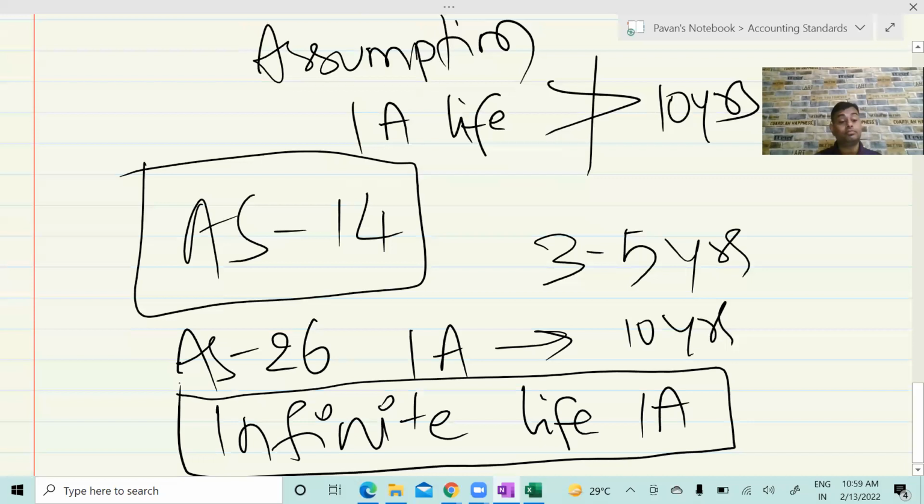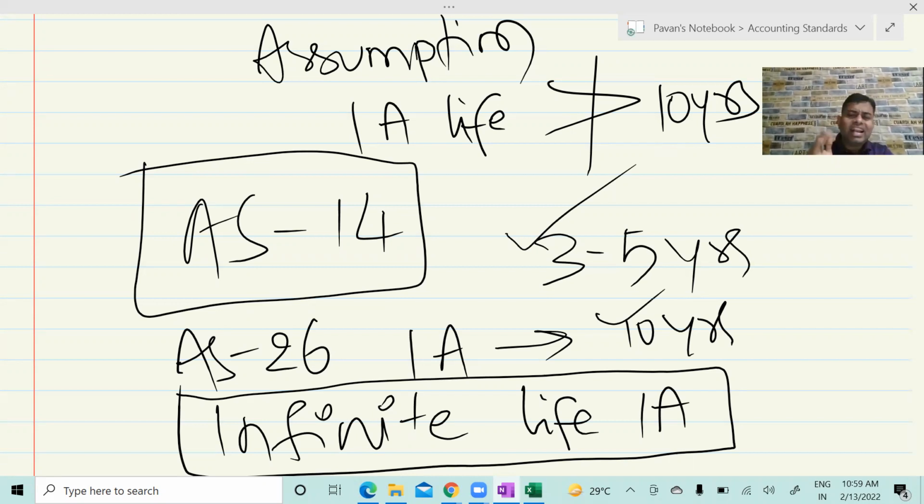Globally, it is there. IFRS, it is there. Ind AS, it is there. But for intermediate level students, infinite life intangible assets are not there. Because if it is goodwill based on amalgamation, 3 to 5 years recognize, amortize. If it is any intangible asset under accounting standard 26, then 10 years maximum.